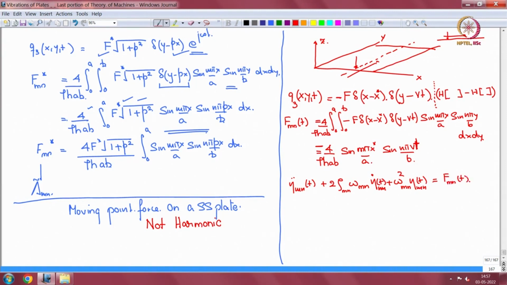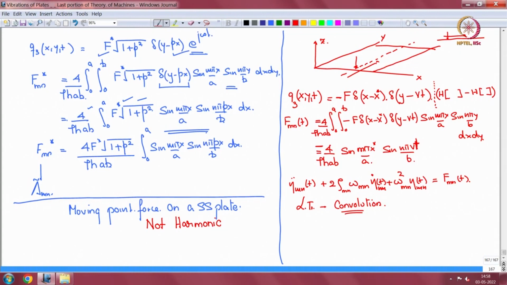So now you have to use Laplace transform and do the convolution. So Laplace transform and convolution. I have given it in the beginning.